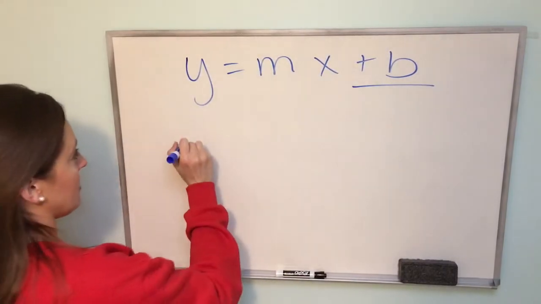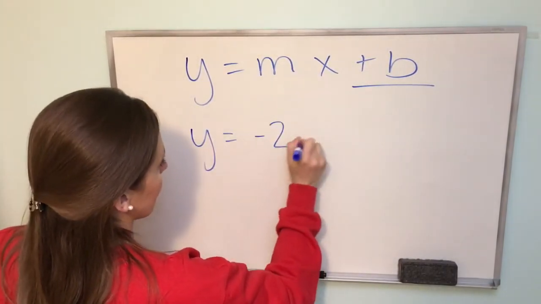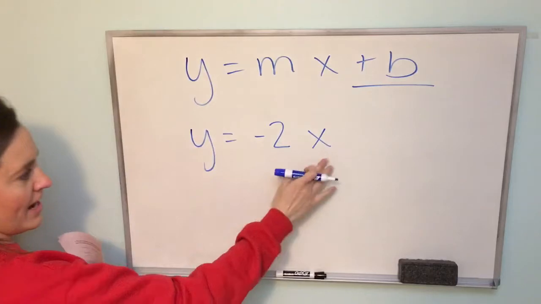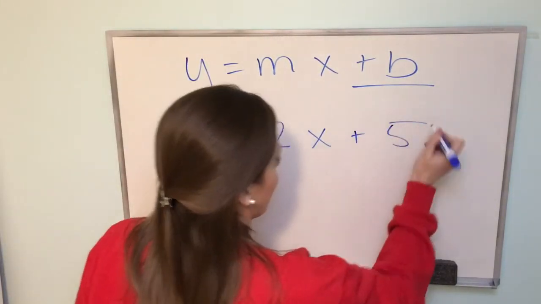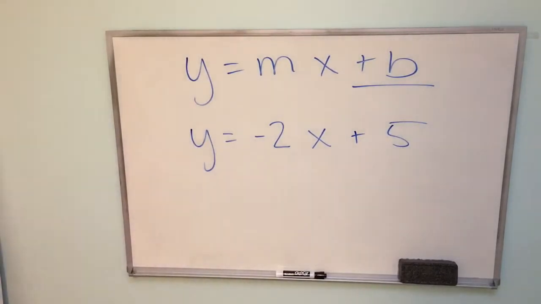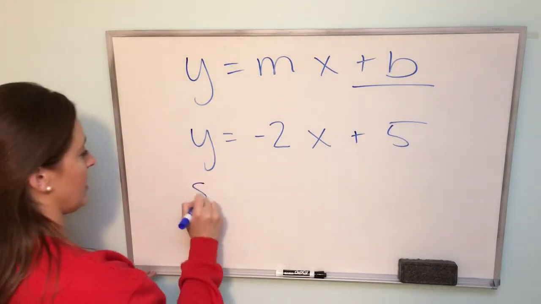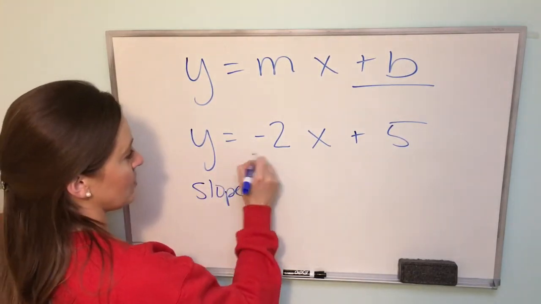They gave us one that says y is equal to -2x, and the x and the y always stay put, plus 5. So in number 8, they say find the slope and the y-intercept first. So let's do that. What is the slope of this line? It's -2. Good.